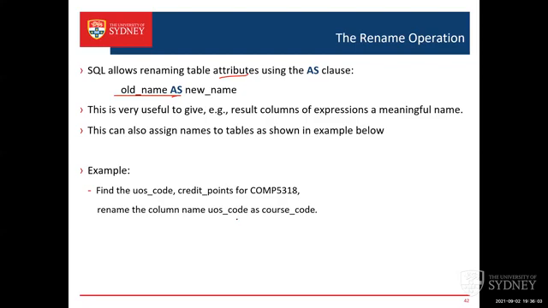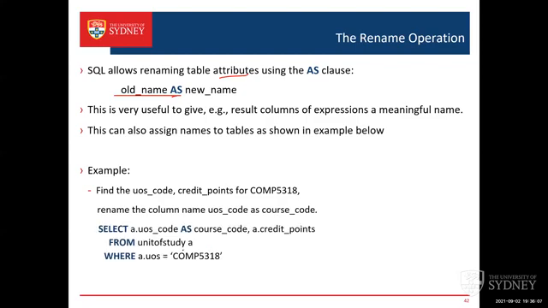So unit of study code, we want to change to course code. Forget about this AS part first. Have a look at select, from and where, whether that makes sense. If yes, then using AS we can simply rename one attribute, so course code will be there for unit of study code.